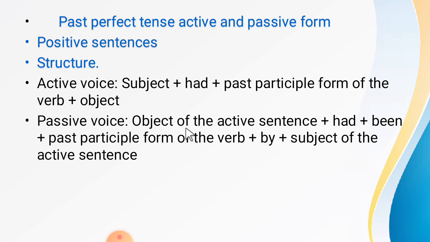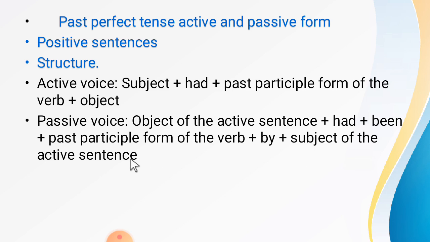In passive voice, the object of the active sentence becomes the subject, plus had, which is the helping verb, plus been, and the past participle form of the verb, the third form of the verb, then by, and then the subject of the active sentence.